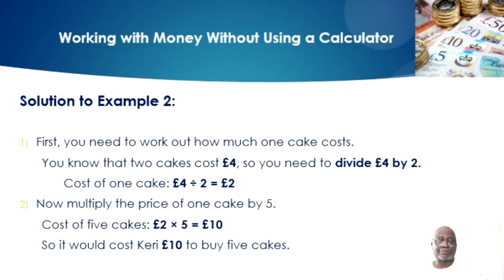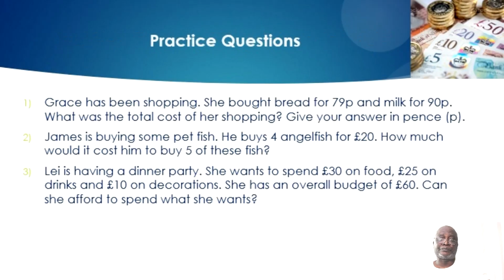The solution. You know that 2 cakes cost £4. So you need to divide 4 by 2 to know the price of 1 cake, which is £2. Now, once you know the price of 1 cake, you can find the price of 5 cakes. Again, write your answer out clearly and properly to get full marks.